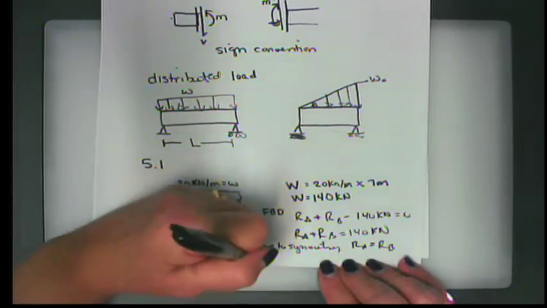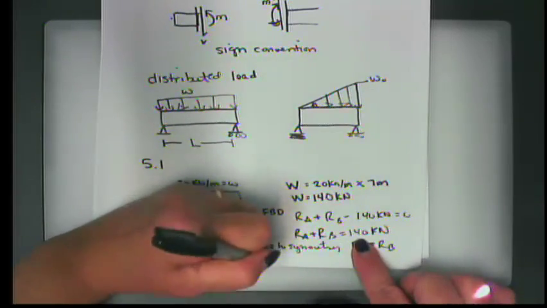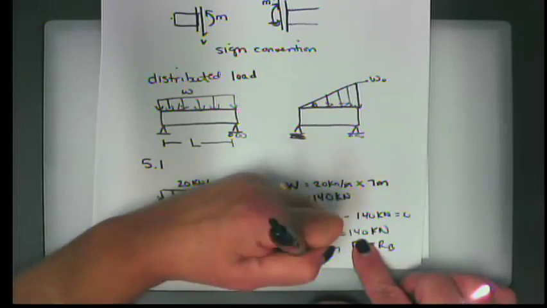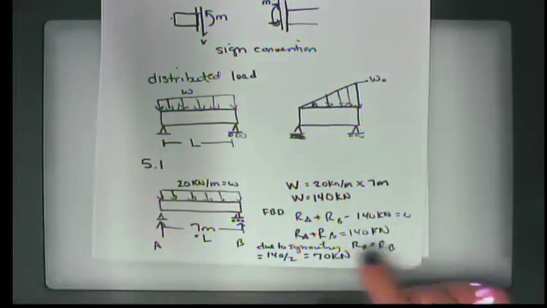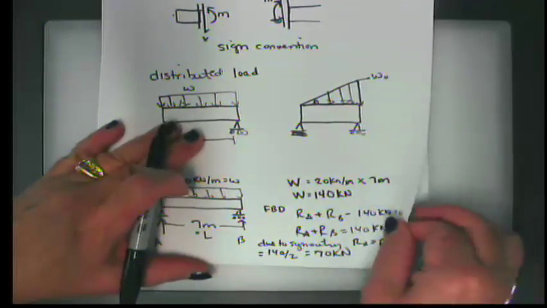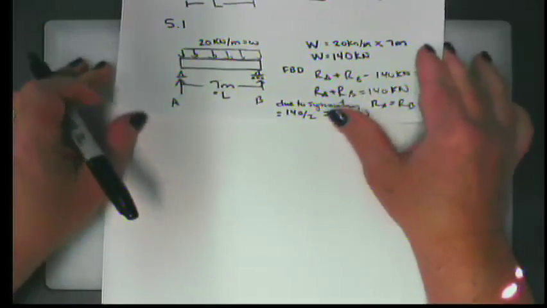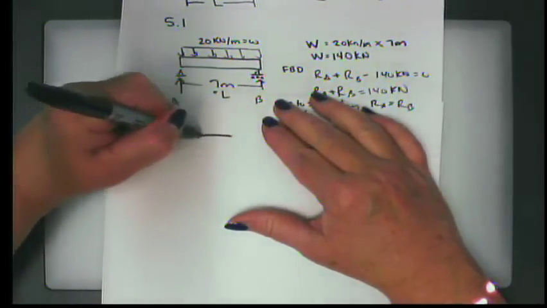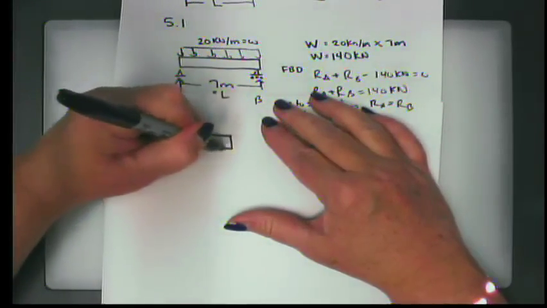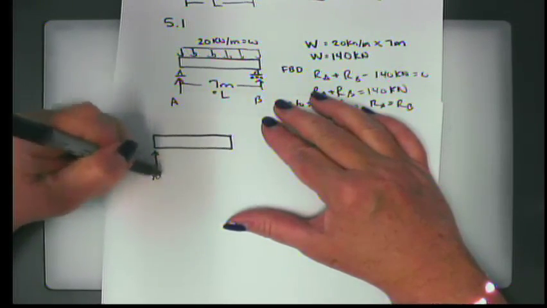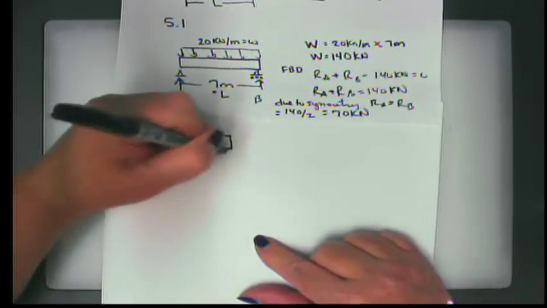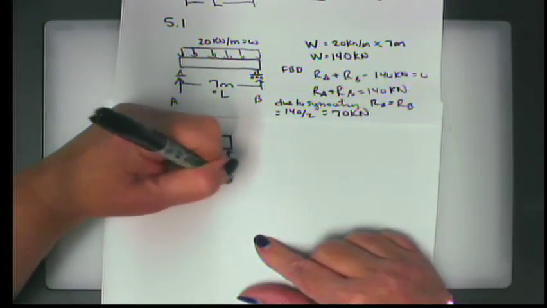And so that means that each of them is equal to 140 divided by 2, or 70 kilonewtons. So when we draw this type of distributed load, the first thing we want to do is state what our reactions are: 70 kilonewtons, 70 kilonewtons, okay?